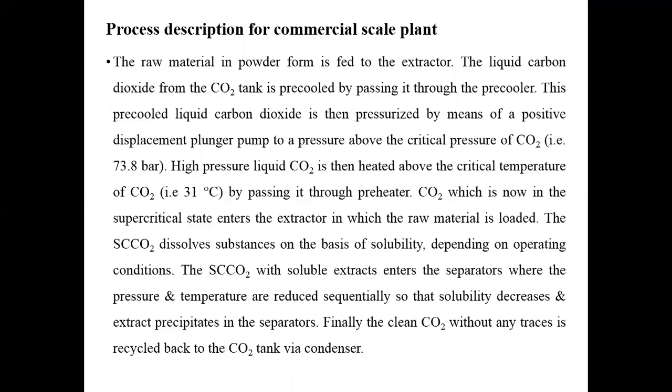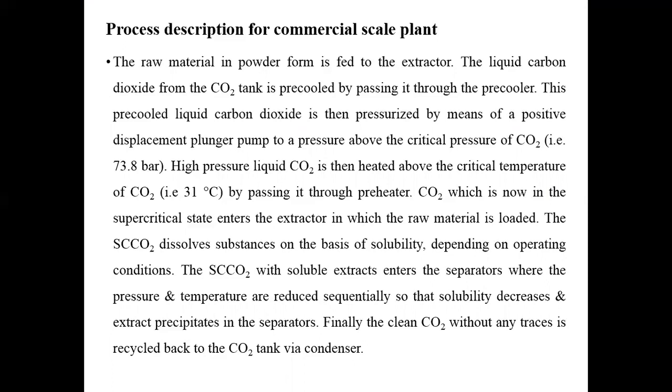High pressure liquid CO2 is then heated above the critical temperature of CO2, that is 31 degrees Celsius, by passing it through a preheater. CO2, which is now in a supercritical state, enters the extractor in which the raw material is loaded. The supercritical fluid dissolves the substances on the basis of solubility depending on operating conditions.